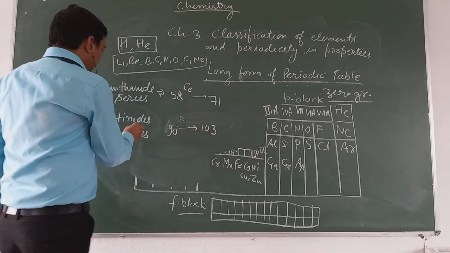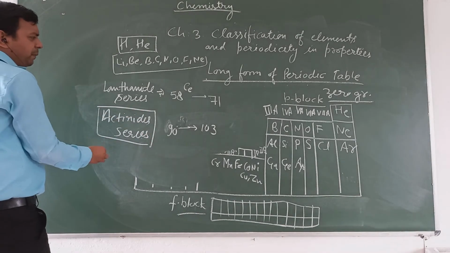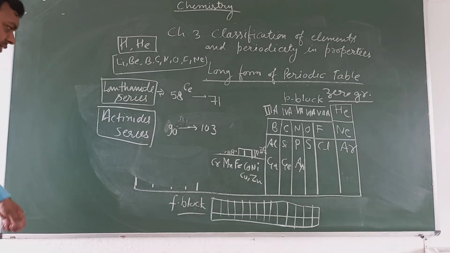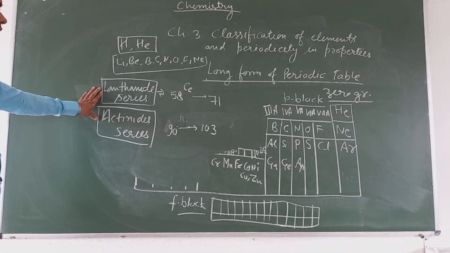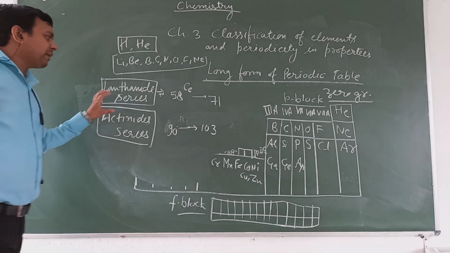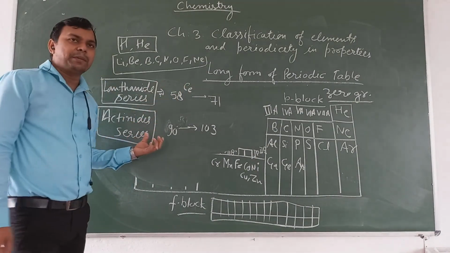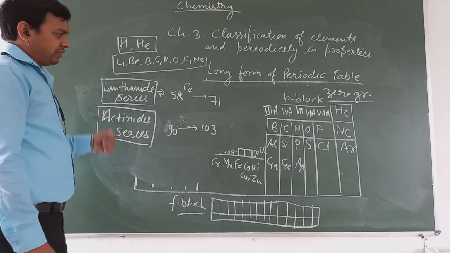Again, the f block is divided into two parts: atomic numbers 58 to 71 are the lanthanide series, and atomic numbers 90 to 103 are the actinide series.